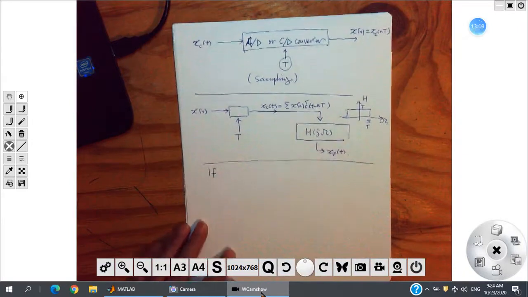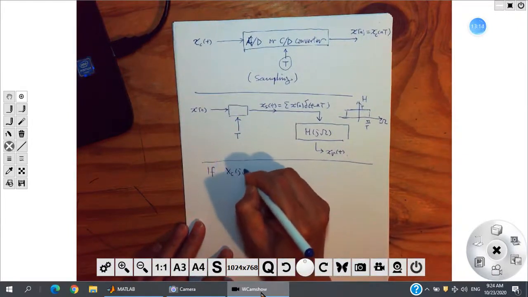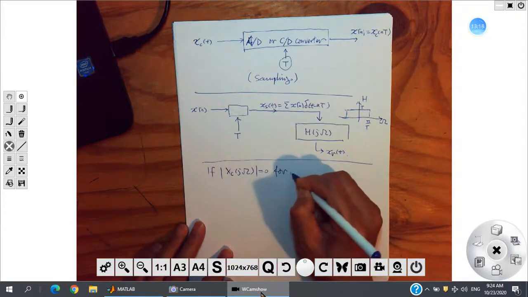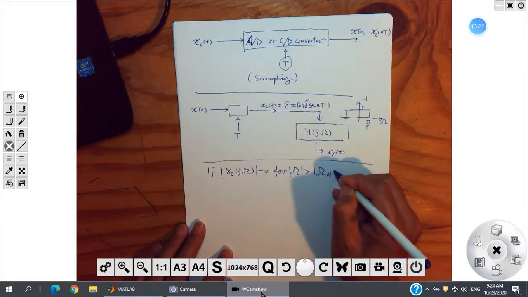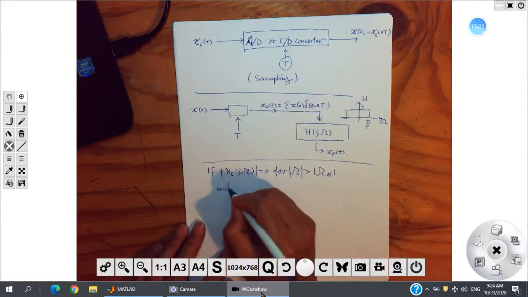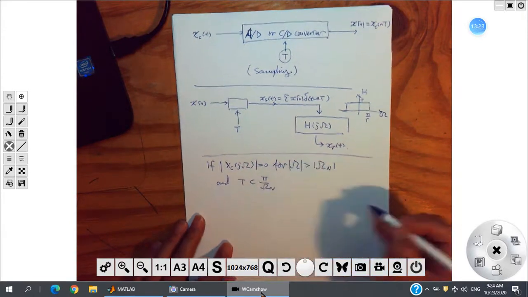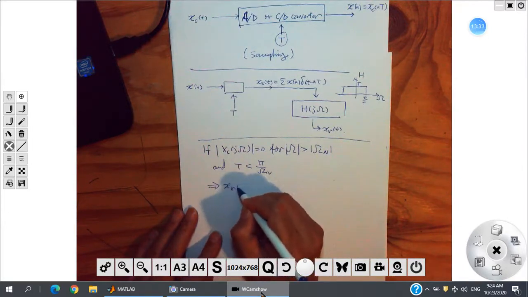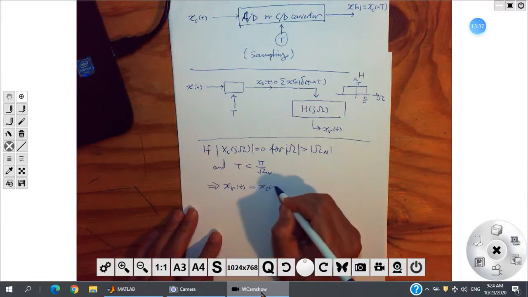If xc is band limited, equal to 0 for omega larger than omega n, and T smaller than pi over omega n. If we have these two conditions, then we say xr of t is exactly the same as xc of t.